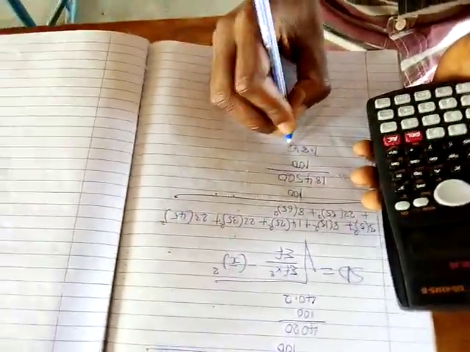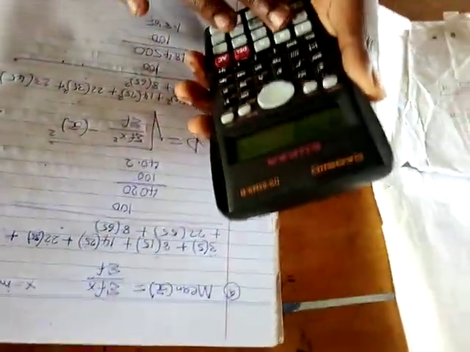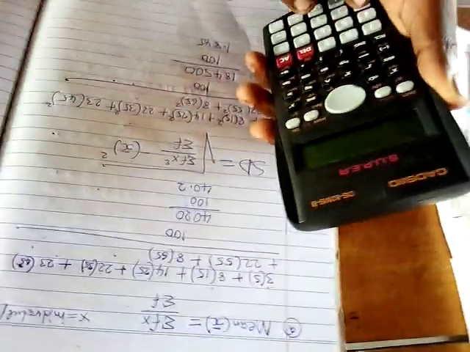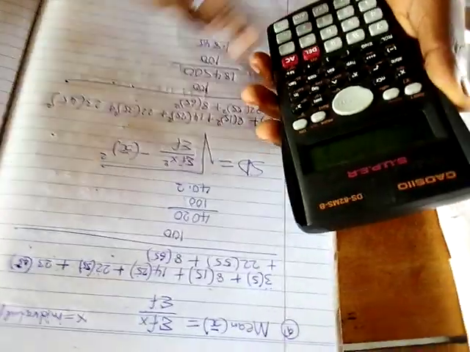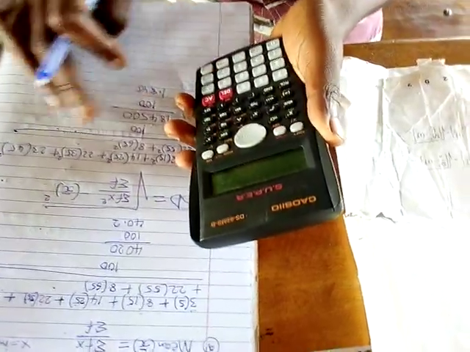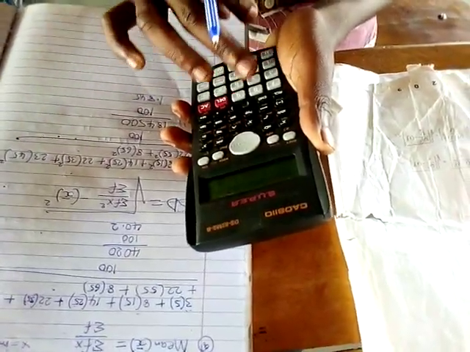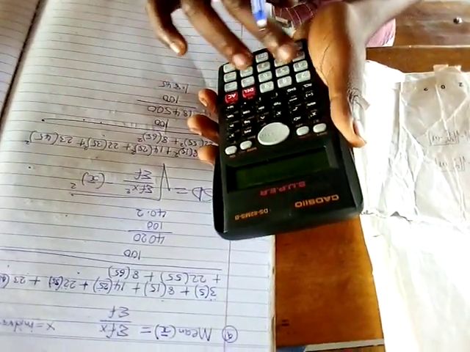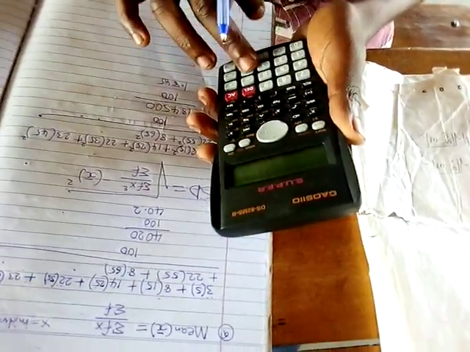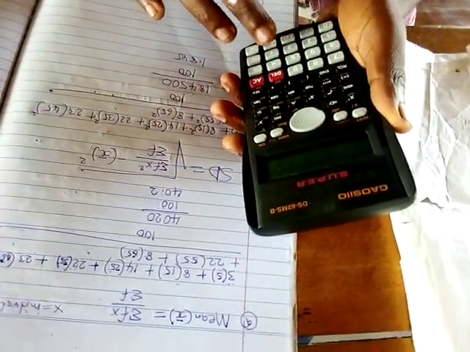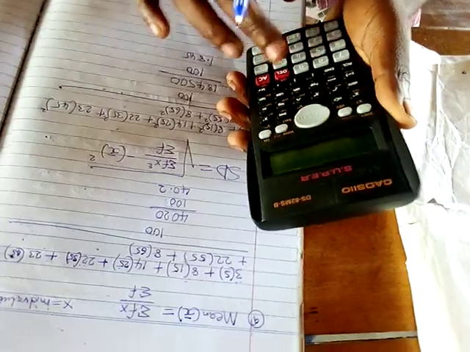We get 1845. Let's repeat the process once more for clarity's sake. 3 times 5 squared plus 8 times 15 squared plus 14 times 25 squared plus 22 times 35 squared plus 23 times 45 squared plus 22 times 55 squared plus 8 times 65 squared.